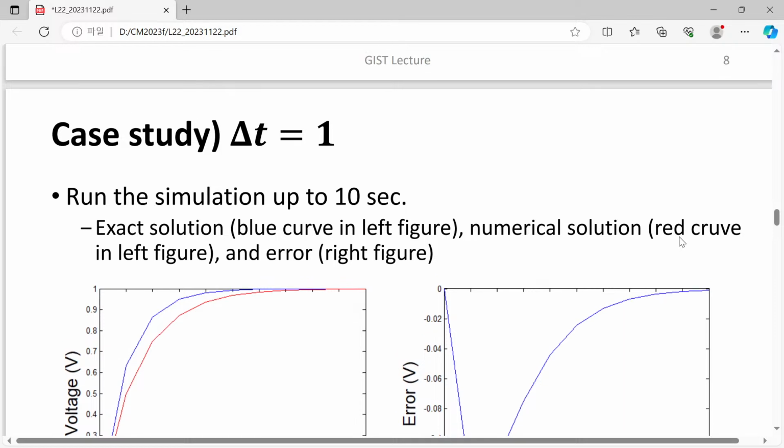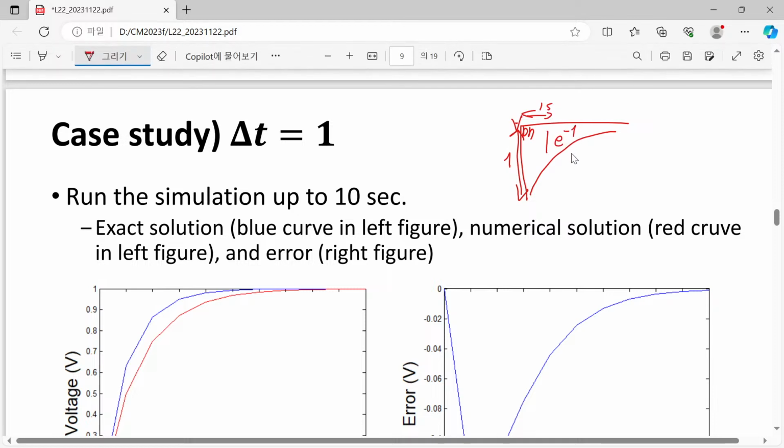So now let's go to the case study. Delta t equal to 1 second. You feel that this is too crude. Yes, that is too crude. Because in every 1 second, your node voltage, measured from this VDD, previously it was 1. However, after 1 second, it will be just e to the minus 1. So there will be significant change within this 1 second.